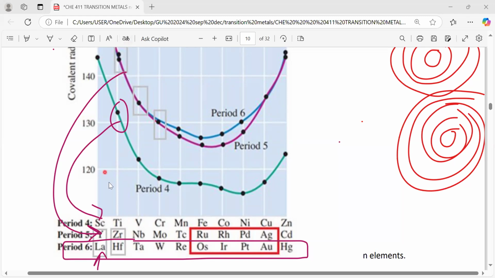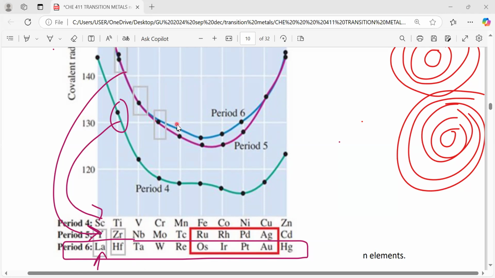So the reason why titanium's covalent radius is 32, whereas that of zirconium and hafnium is around 45, is because as you move from period 4 to period 5 and 6, you are adding on more and more energy levels.